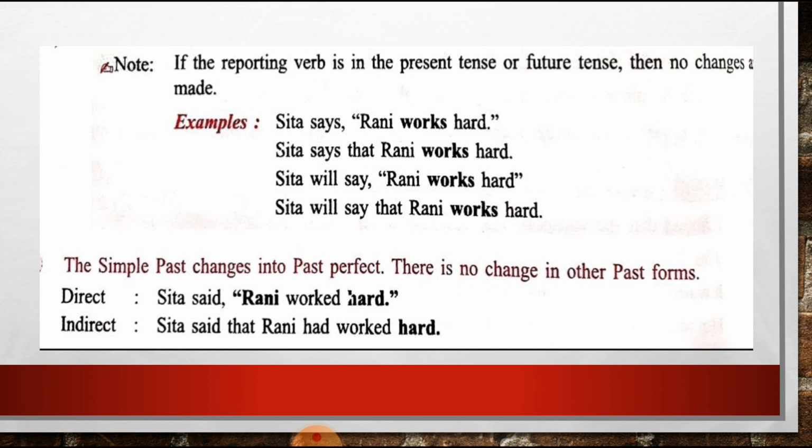Sita says that Rani works hard. Sita will say, "Rani works hard." Sita will say that Rani works hard. Here "says" is a reporting verb in the present tense and "will say" is in the future tense, so no changes are made.